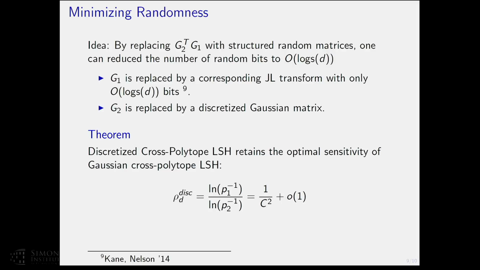It's quite technical, but it's really an amazing result. That is the projection step. For the Gaussian step, it turns out it suffices just to discretize your Gaussian matrix. This will still maintain the correct asymptotic rho, but maybe its order of convergence is not quite correct. It's a little o(1), but we still get what we want.